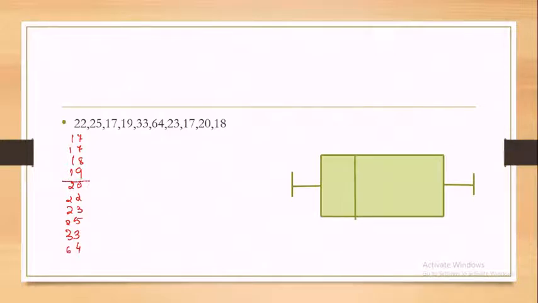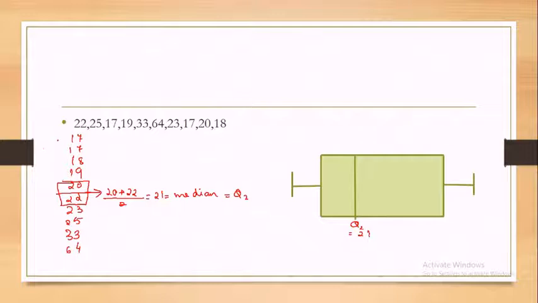Now you can find out the first three values. In order for that, first you find out the median. I hope you know how to do this. So it is Q2. You can mark your Q2 over here. Q2 is equal to 21.